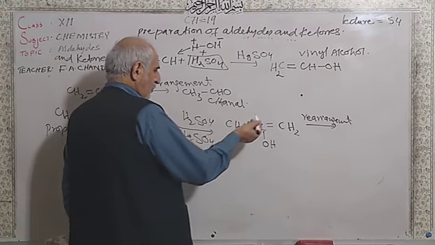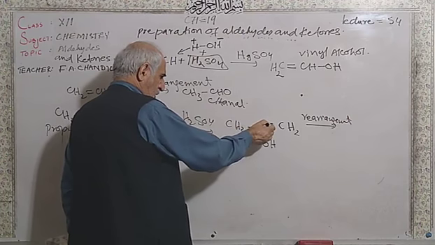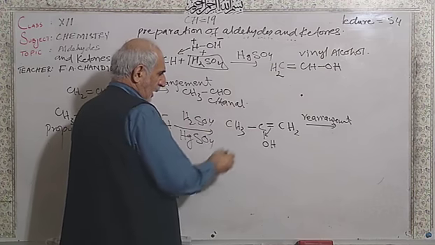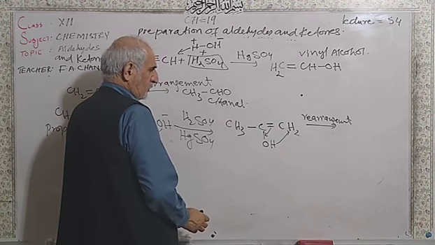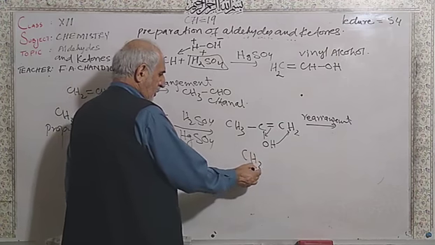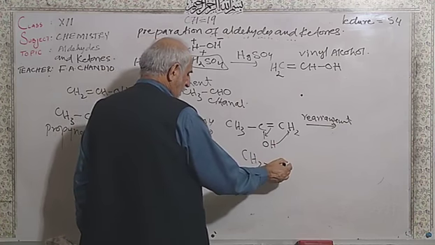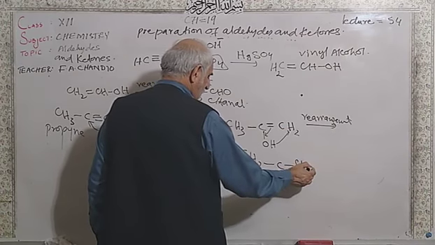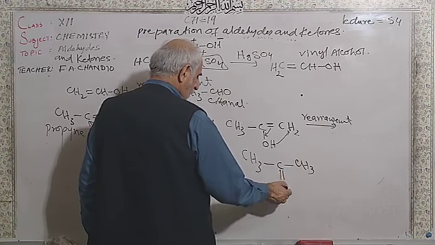What happens? This pi bond, the double bond, shifts like this, and this hydrogen will go there. So this is CH3, the same bond. This double bond changes into a single bond. Hydrogen is attached to make a CH3. Between carbon and oxygen, a double bond is established.